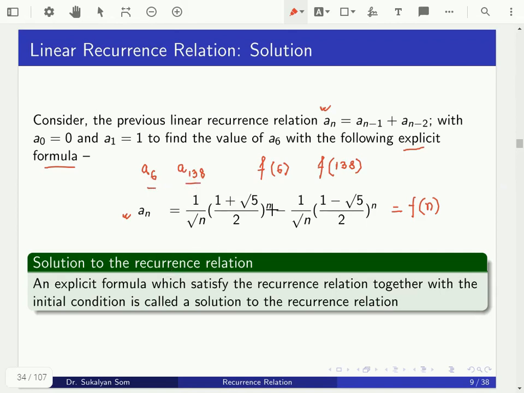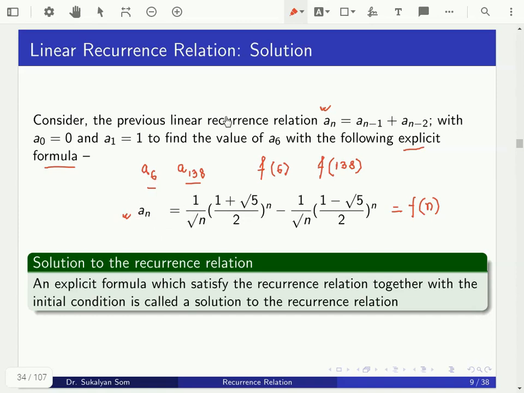Now such an explicit formula to represent the nth term of a given sequence from the recurrence relation is known as the solution to the recurrence relation.